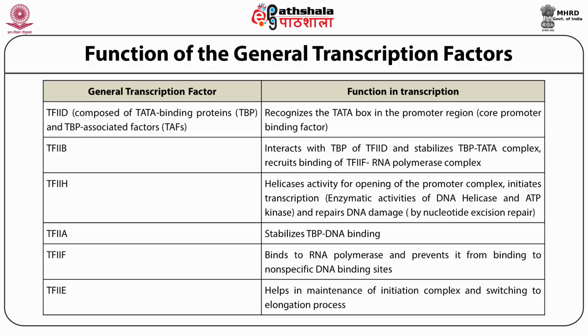Transcription factor 2A function in transcription: stabilizes TBP DNA binding. Transcription factor 2F binds to RNA polymerase and prevents it from binding to non-specific DNA binding sites. Transcription factor 2E function in transcription: helps in maintenance of the initiation complex and switching to the elongation process.